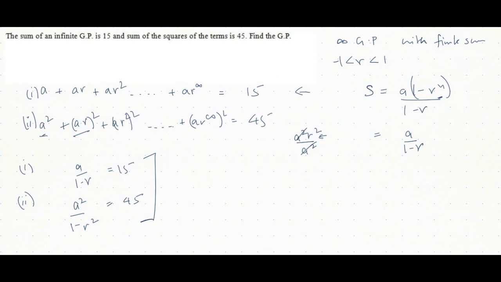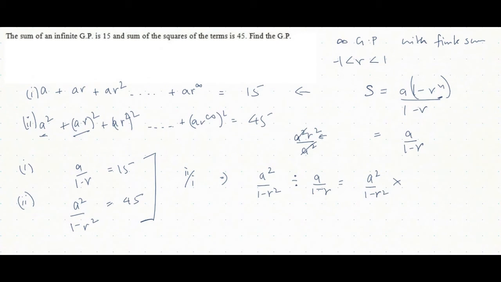So let me just divide 2 by 1. Let's see what that gives. This is a square by 1 minus r square divided by a by 1 minus r, which is nothing but a square by 1 minus r square into the reciprocal 1 minus r by a.